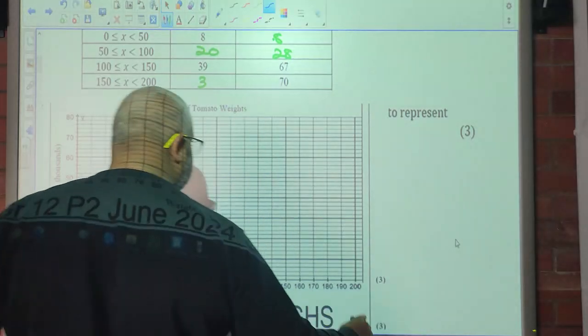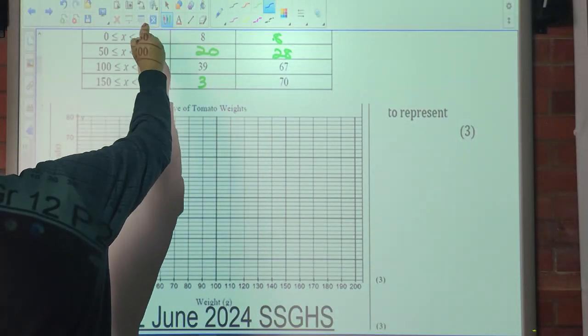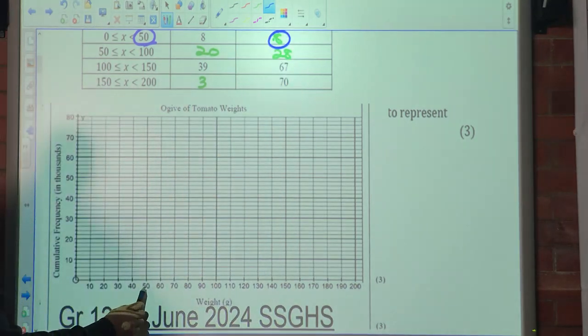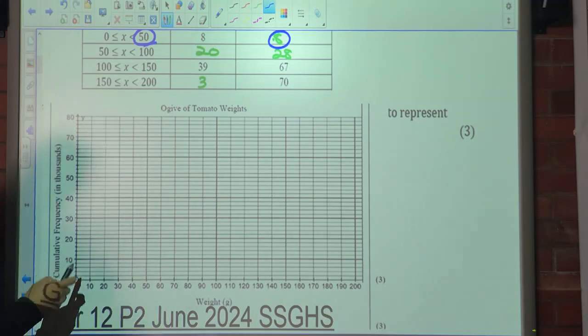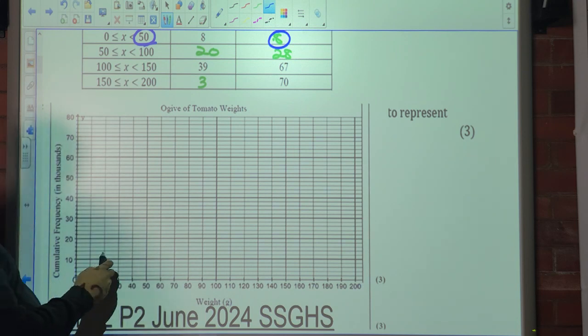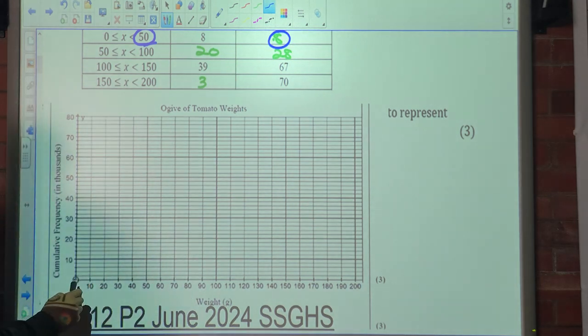When we plot, we plot the endpoint and the cumulative frequency. So we go 50 and 8. 50 corresponds to 8. But each line here represents 2. Can you see that? So this graph has to be, the points have to be accurate.